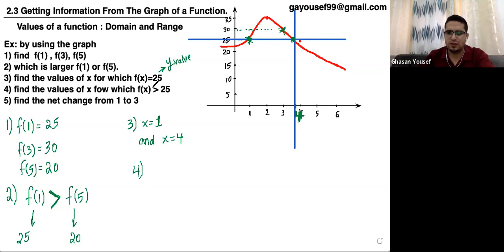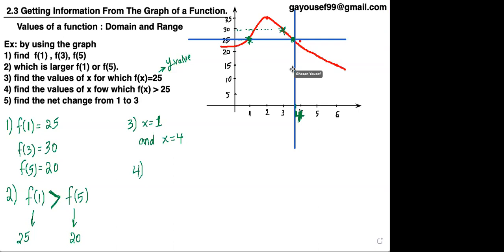Eric said 2 and 3. What about 2.5? 2.5 is inside the interval, right? What about 2.6? Eric said just 2 and 3.